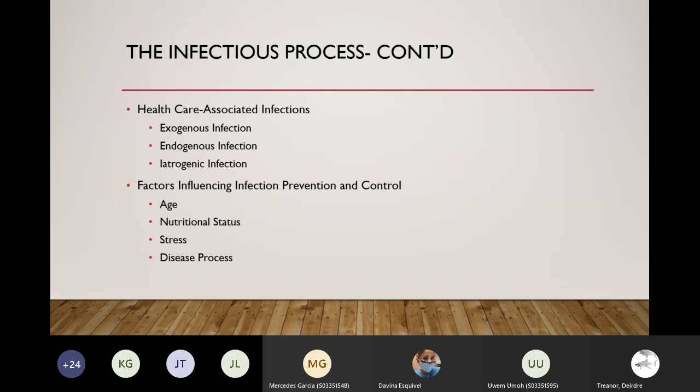Iatrogenic infections are caused by invasive or diagnostic or therapeutic procedures, bronchoscopy, treatment with broad spectrum antibiotics. Healthcare associated infections, or HAIs, result from the delivery of health services in a facility.